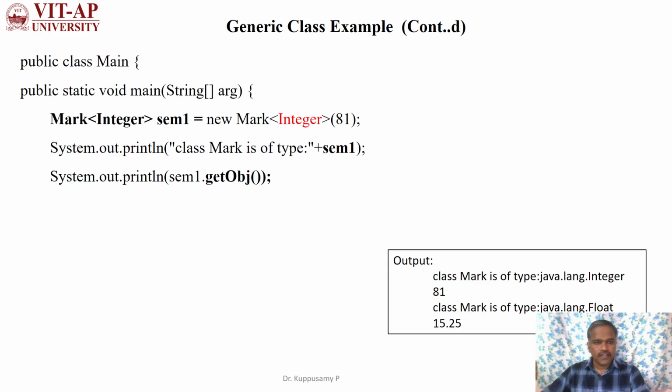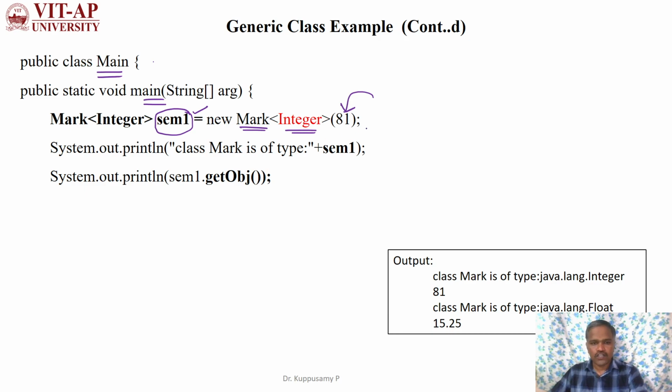This is returning the object class name and the data type of that object. Here first I'm defining the main class, which is a driver class, because it is having the main method. I'm defining the object sem1 by using the class Mark, but it will take only integer values in this object. So here as the argument I'm passing 81.